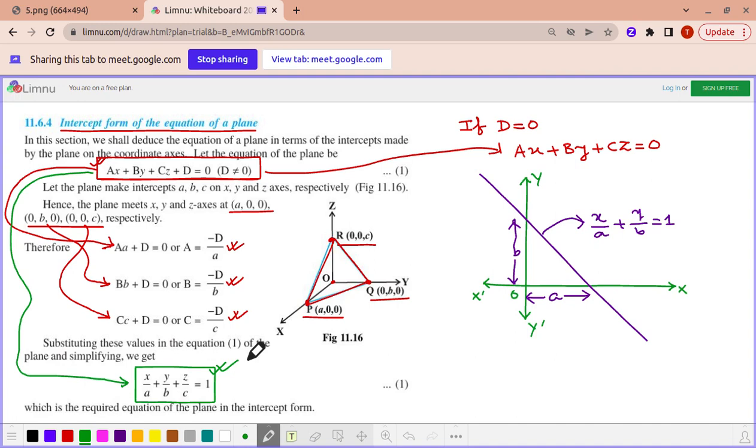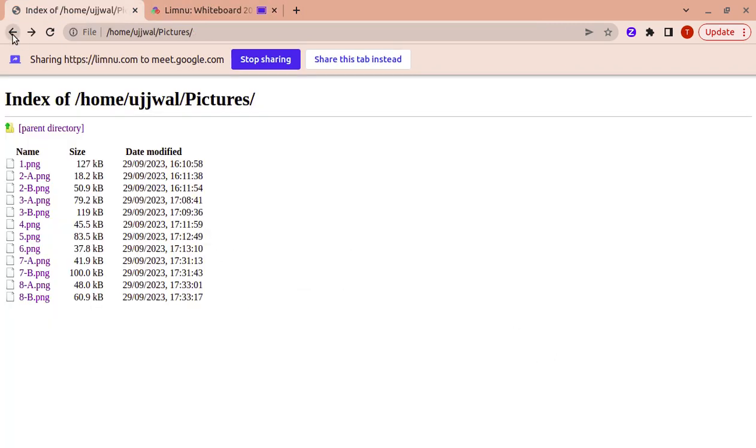So what we conclude is that if a plane has an x intercept of a units, y intercept of b units and z intercept of c units, the equation of the plane in Cartesian form is x by a plus y by b plus z by c equal to 1. For this kind of equation, the vector equation is generally not asked, but if it is also asked, you can find the position vectors of p, q and r and then apply the concept we discussed earlier during the theoretical discussion. Okay, dear students, so now let's proceed further.